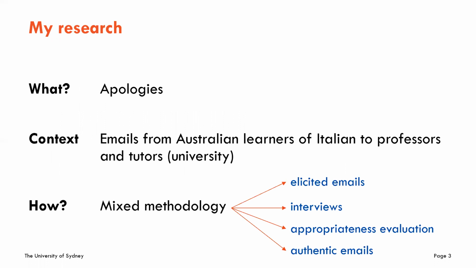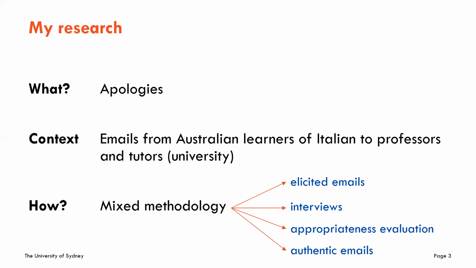So first and foremost, my research concerns apologies. So these are often remedial actions. They restore harmony between interlocutors, generally when somebody has done something which is perceived to violate a social norm or disrupt the harmony of an interaction. In the context in which I am looking at apologies, emails written by Australian learners of Italian to professors and to tutors.